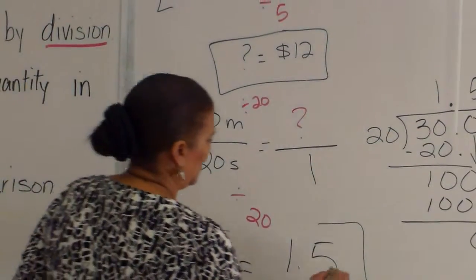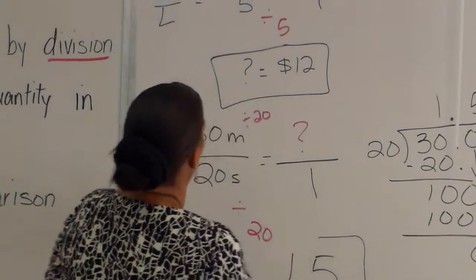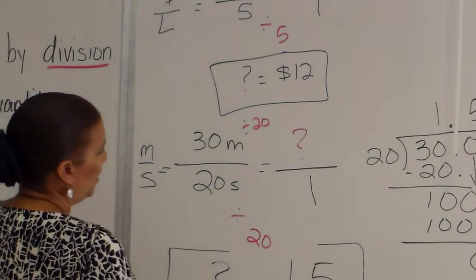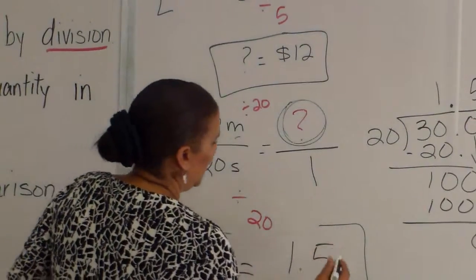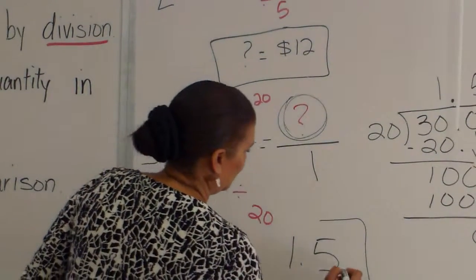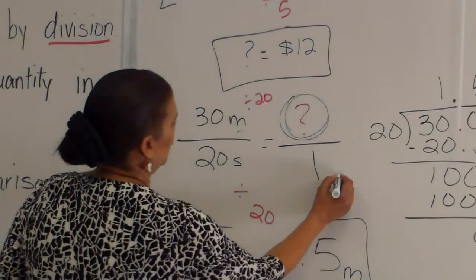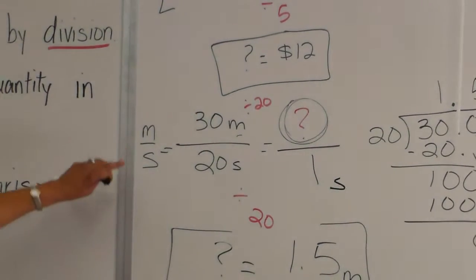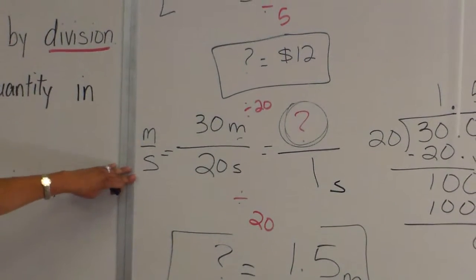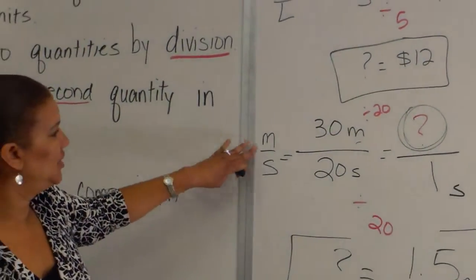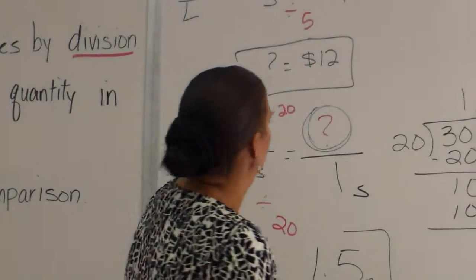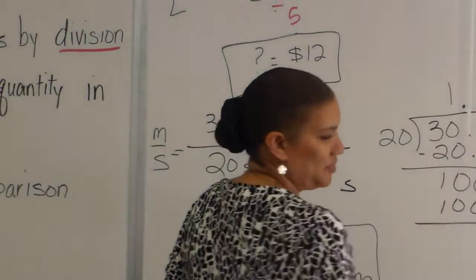Whoops, you guys are not catching me this time. He walks 1.5 meters. We're solving for the M here. He walks 1.5 meters in 1 second. That's why it's important to keep our units straight. We are solving for meters. How far does he walk in 1 second? There we go. He walks 1.5 meters.